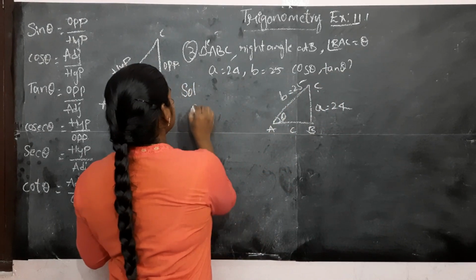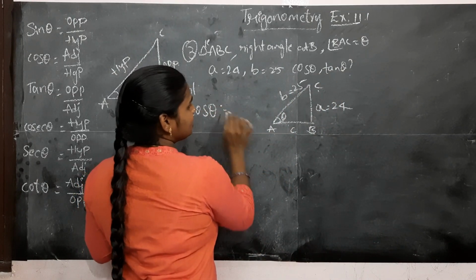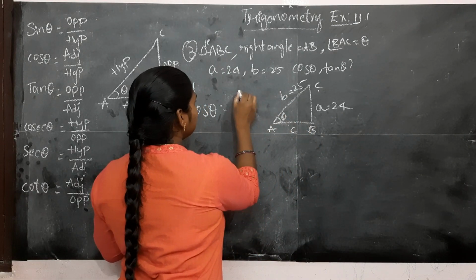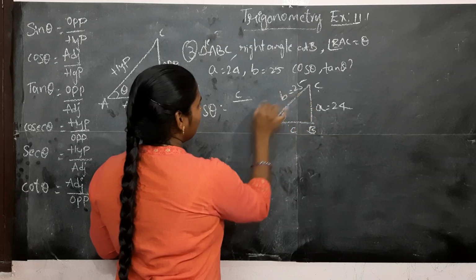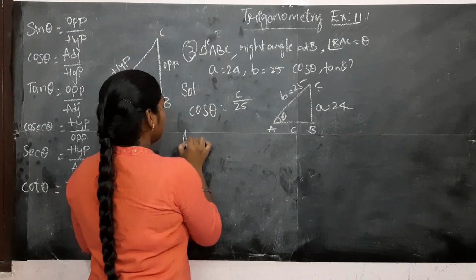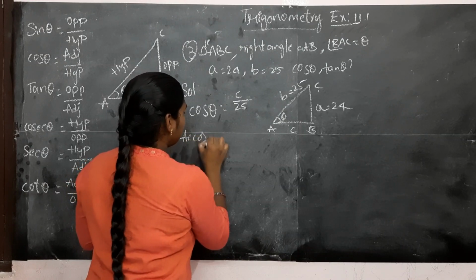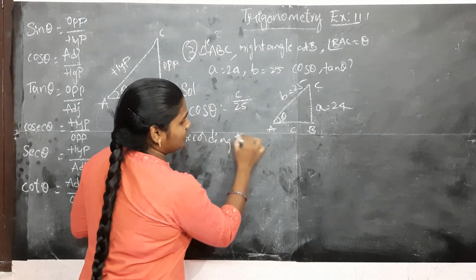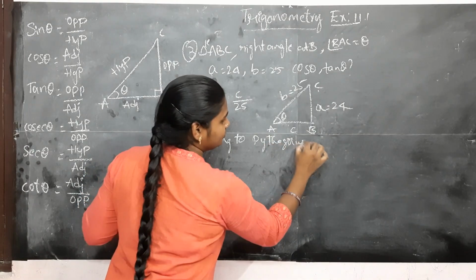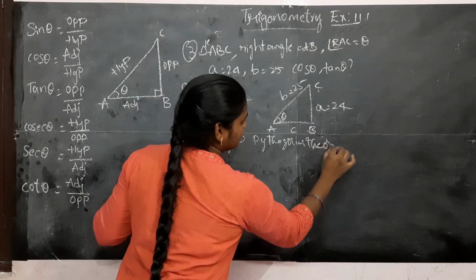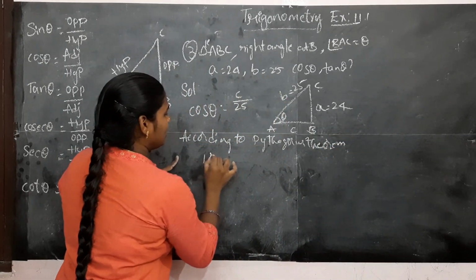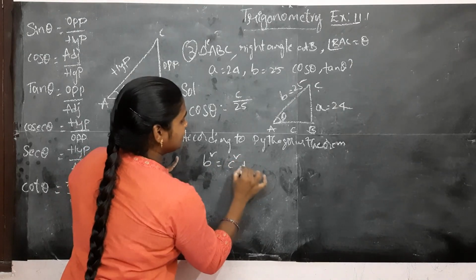What is cos theta? Cos theta is nothing but adjacent by hypotenuse, which is small c by 25. But we don't know small c, right? We have Pythagoras theorem. As per Pythagoras theorem, can I say b square is equal to c square plus a square?